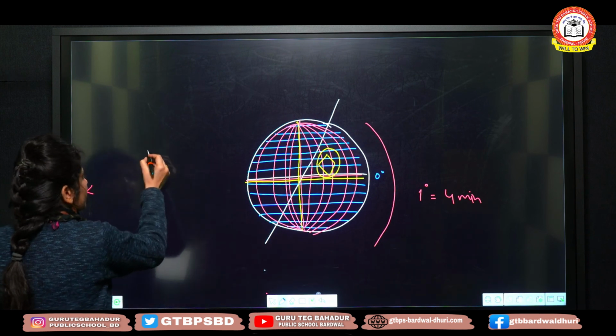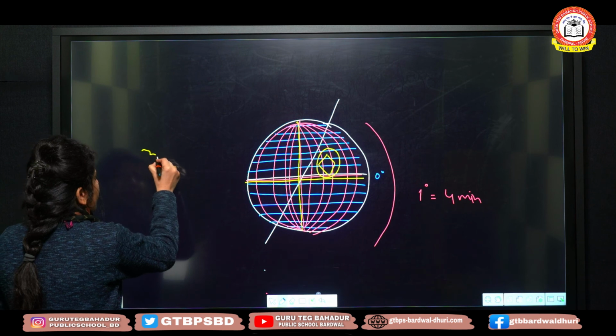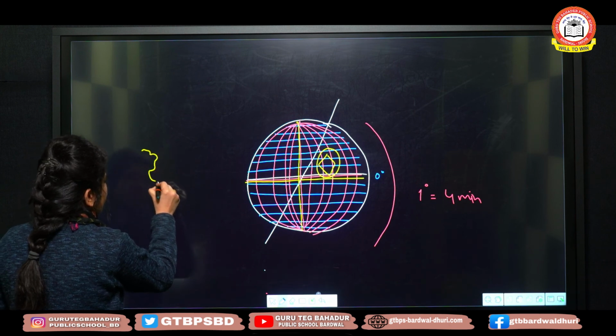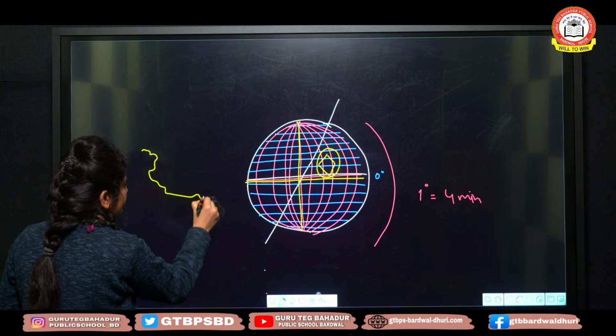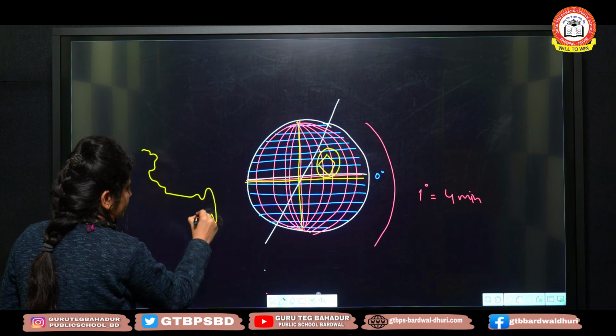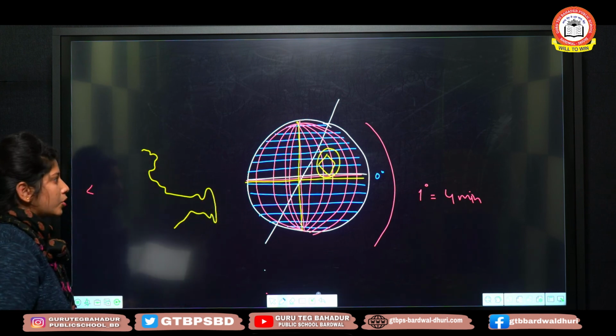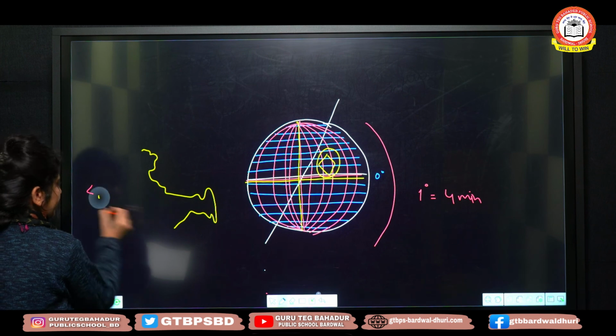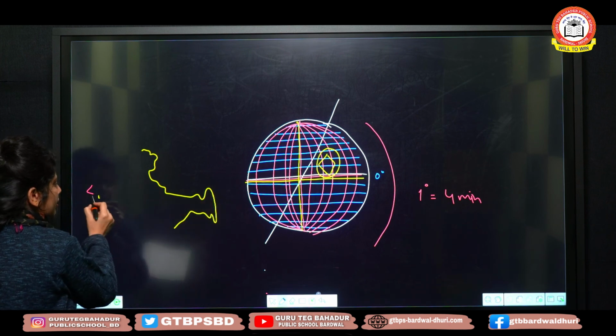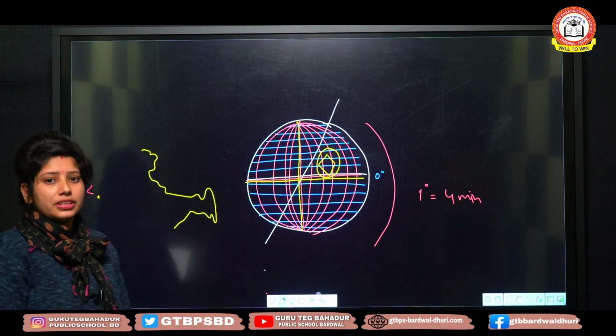Okay, this is India. This point and this point, these both are the end points of the Indian subcontinent.